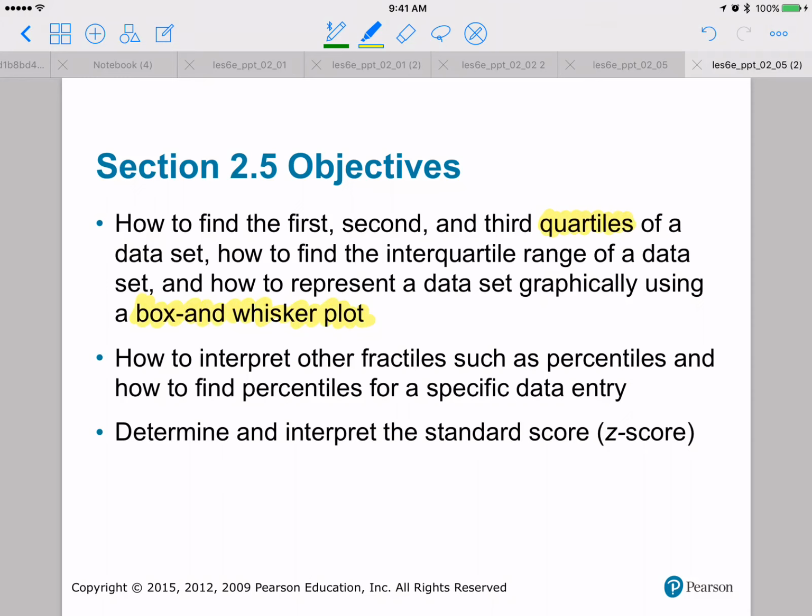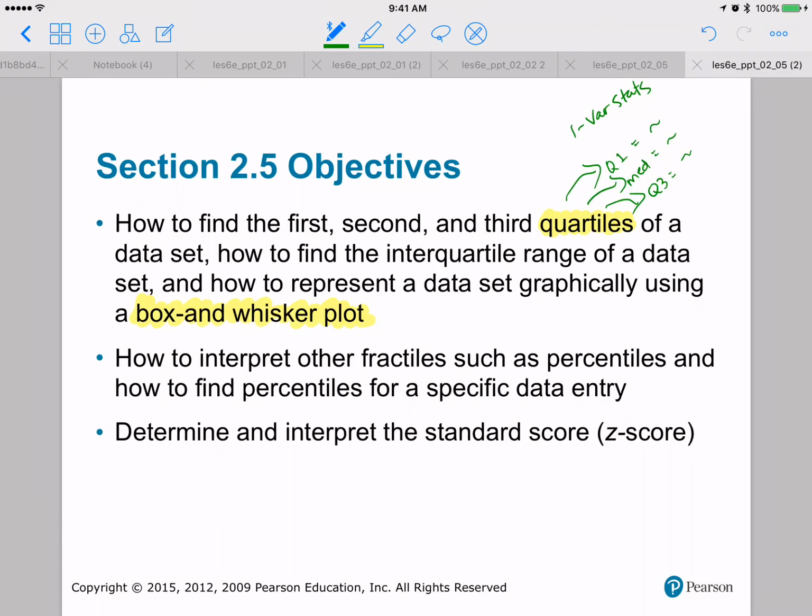We talked about quartiles in class when you do your 1-var stats. You have access to some information that gives you Q1, mid, Q3. And this portion right here, this is what this stands for: first quartile, second quartile, third quartile.